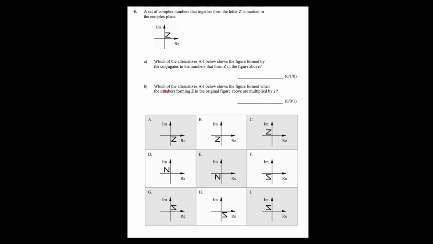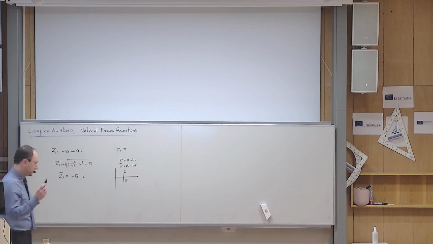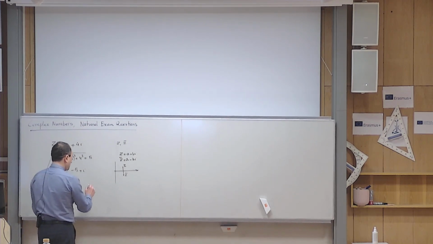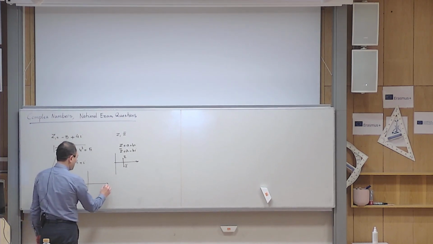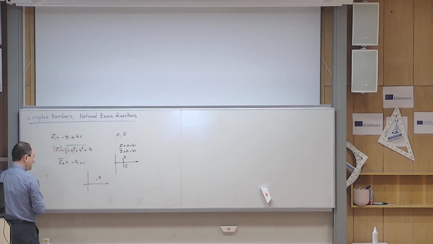So the next one. Which of the alternatives A to I, again below, shows the figure formed when the numbers forming Z in the original figure above are multiplied by i? Do you remember we had this in the lesson? So let us review. If I have a complex number Z here, and I tell you to take that complex number and multiply it by i, it becomes a new complex number.